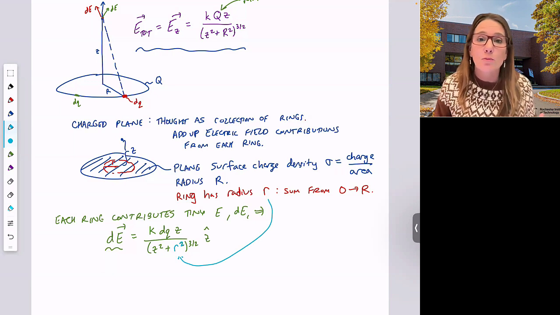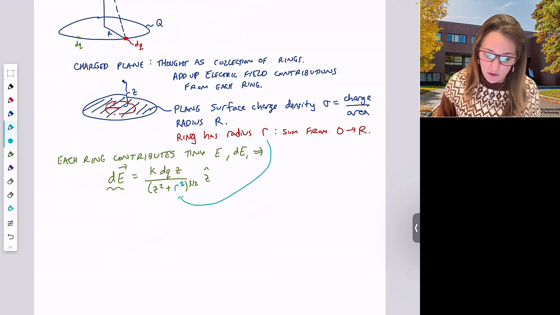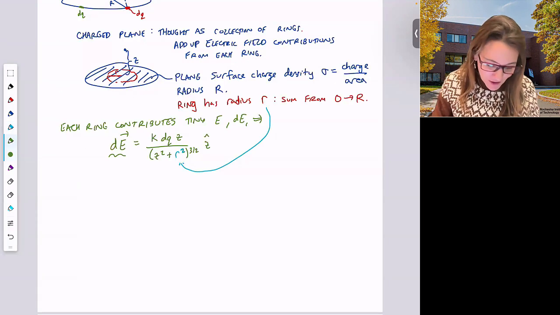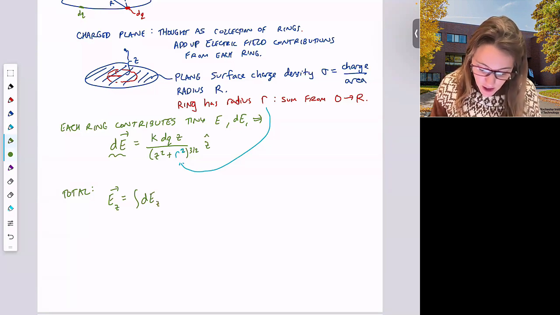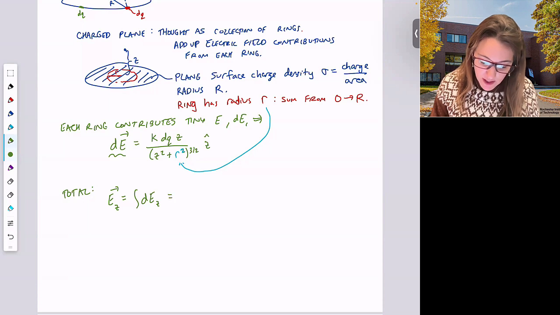And then z is still going to be in our answer because z is how far away we are from the plane. So to get the total electric field, which is still going to be along z, we're just going to add up all of our electric fields from these individual rings.